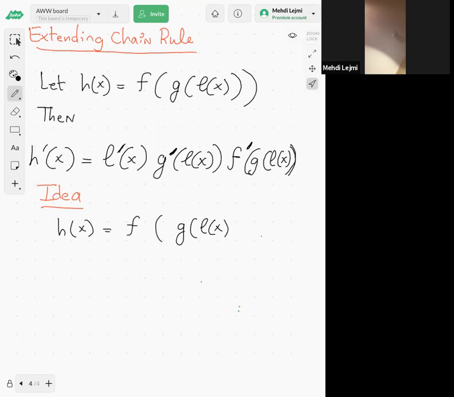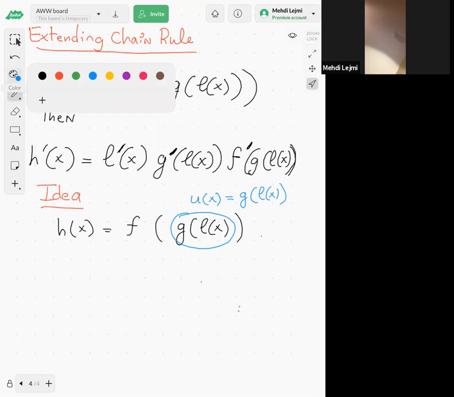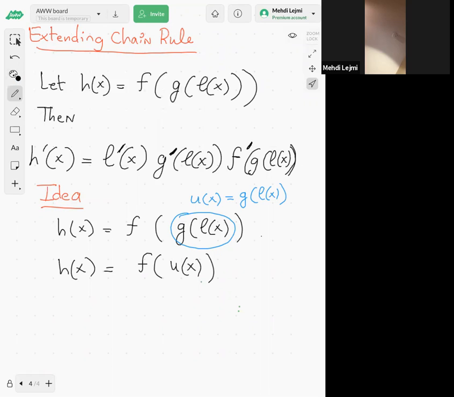Let's call this function g of L of x by the name u of x. So my u of x is g of L of x. What I'm saying is I'm going to write h of x as f of u of x, where u of x is g of L of x.